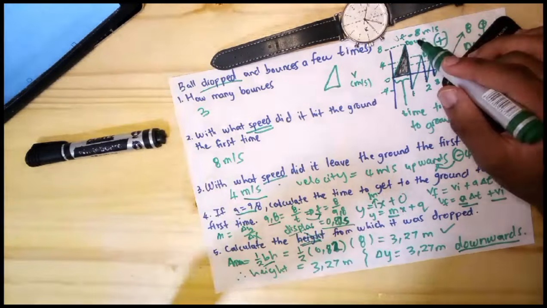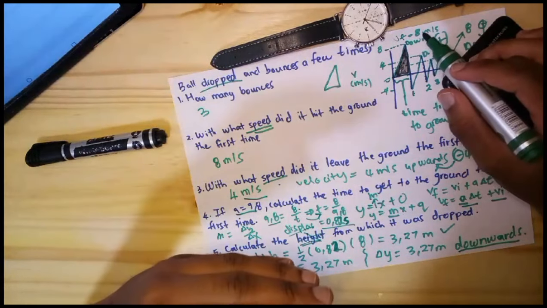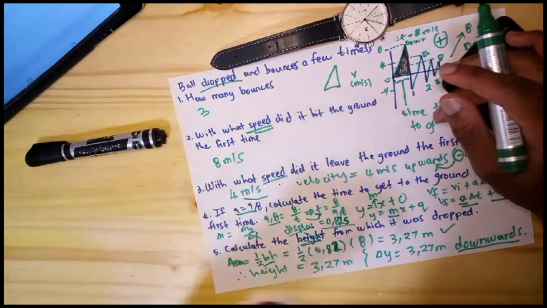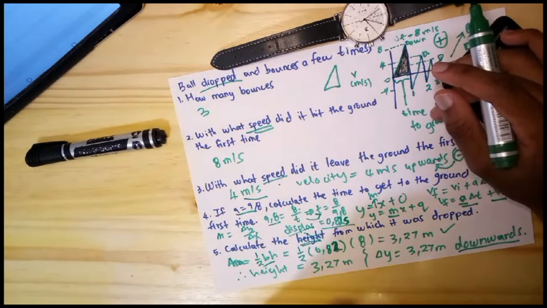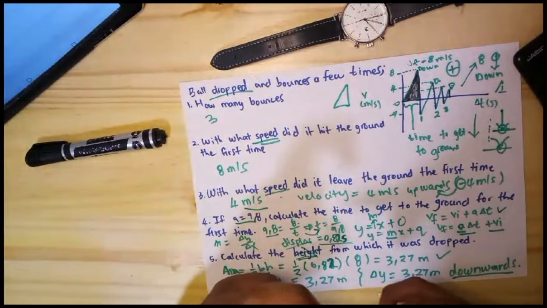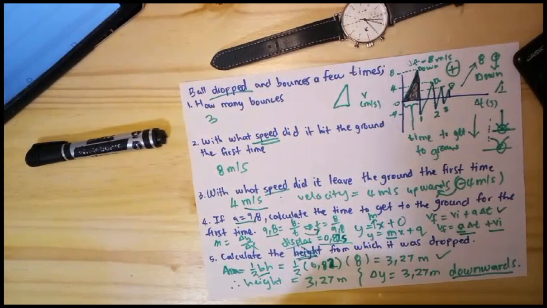Since it's being dropped, it's going to be moving in a downward direction. Hence its displacement is downward, and downward is being considered as positive. Hence you would have to say downwards. So that is it for our revision.